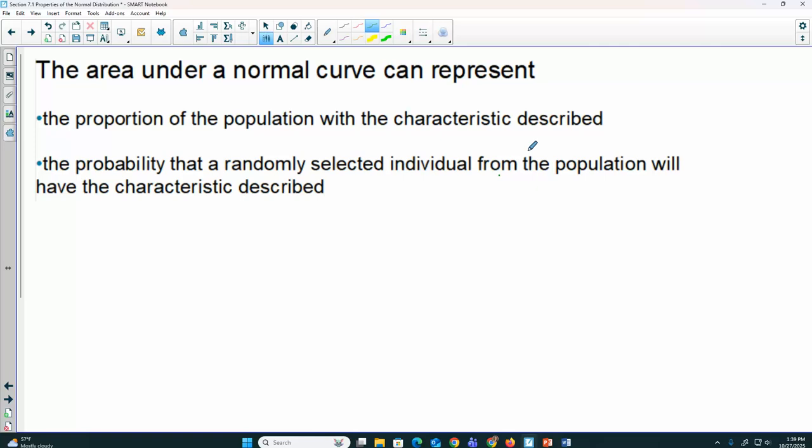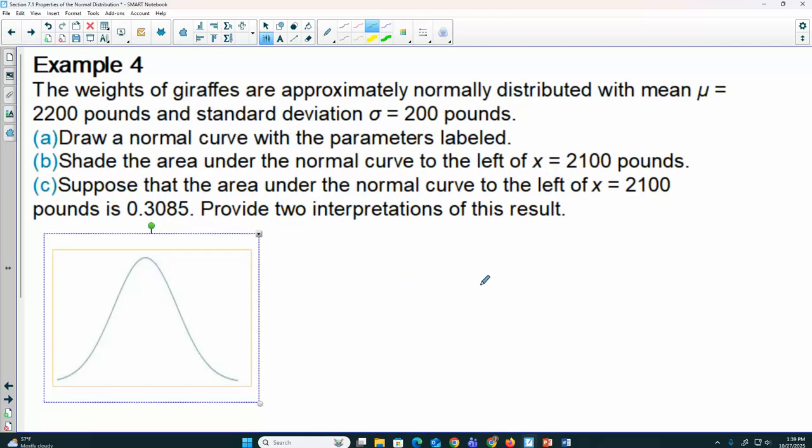The second way would be saying, if I selected a student out of my first hour class, the probability they are female is 62%. So you could use it as a description of the whole, or the probability that one would have our characteristic. Using that, we're going to answer this question.